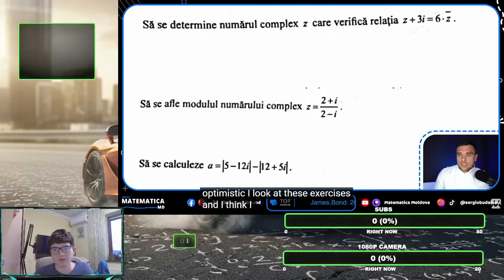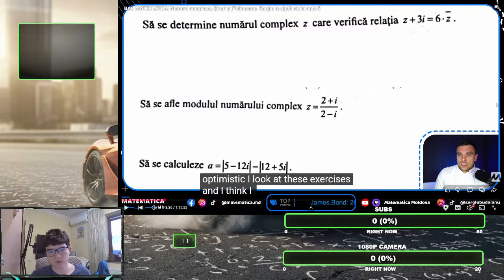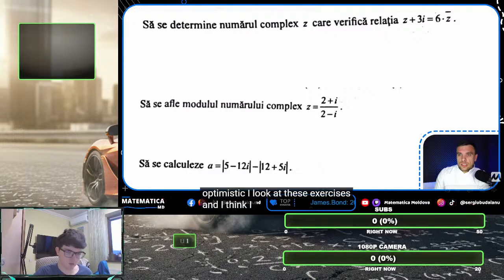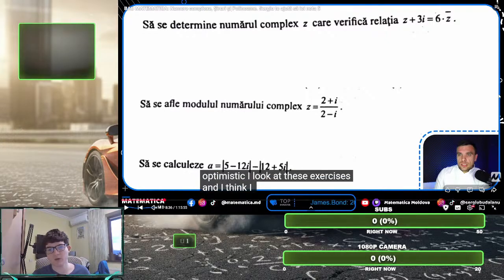And the Z with a line, that's going to be A minus BI. And instead of Z, we write that down and we solve, and I to the second power, that's minus 1. So we work like that. I mean, no issue right there.